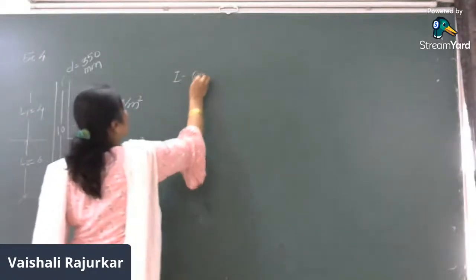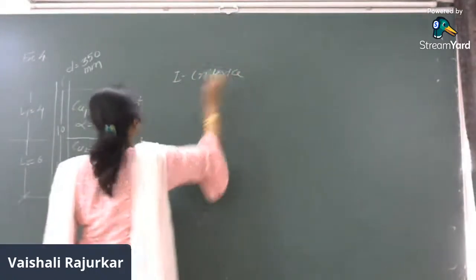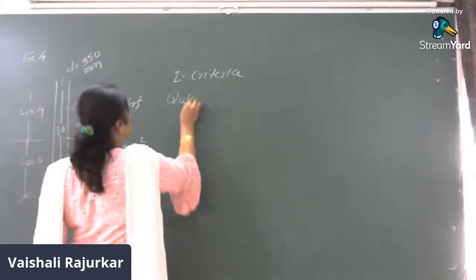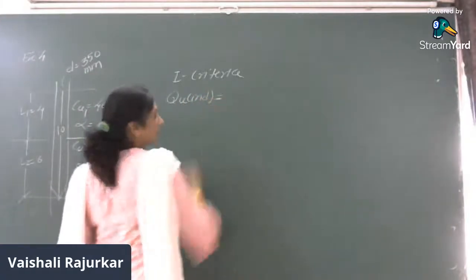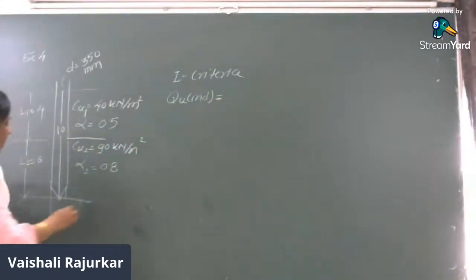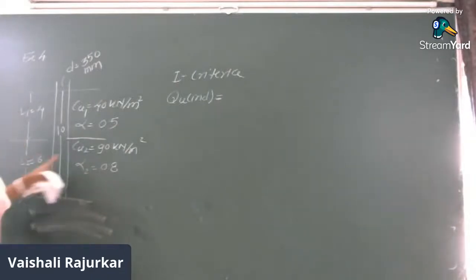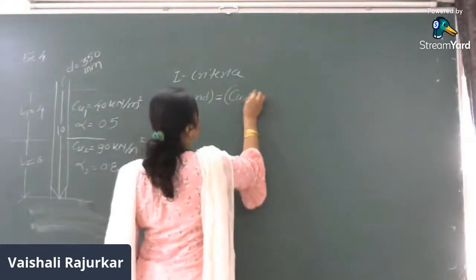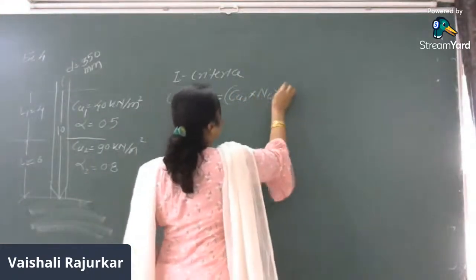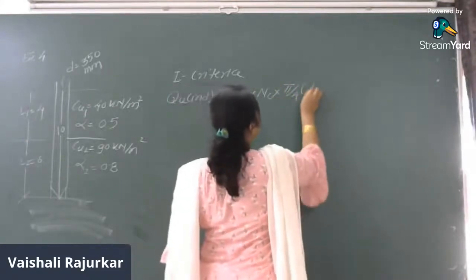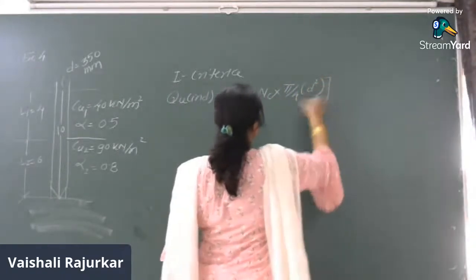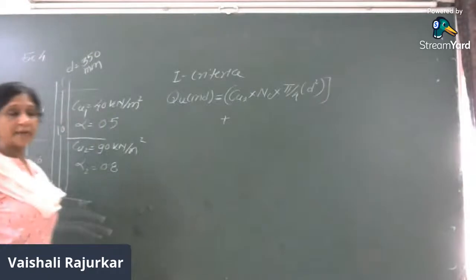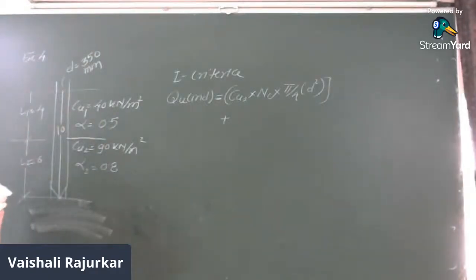So this is the first criteria, in which we will calculate the individual load carrying capacity of a pile. So here Q individual is equal to, which we will consider at the bottom soil, so Cu2 we will take into consideration. So this is Cu2 into Nc into pi by 4 d square plus, here we have to calculate twice the value.